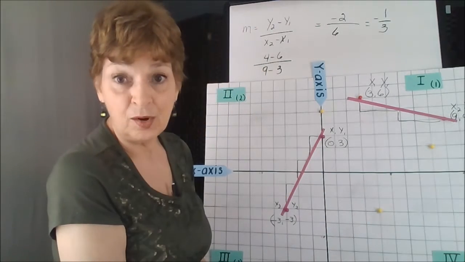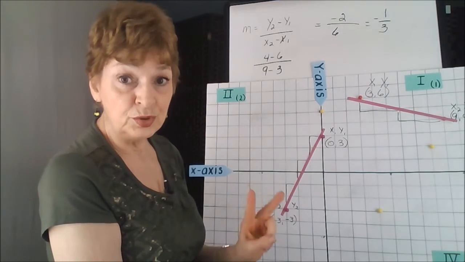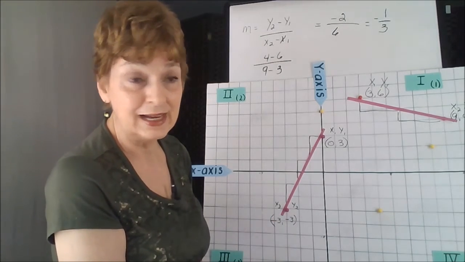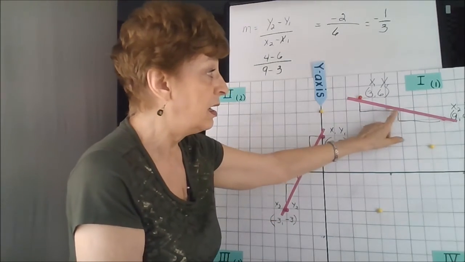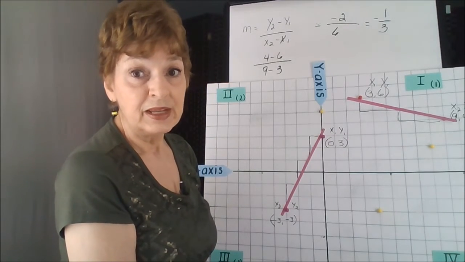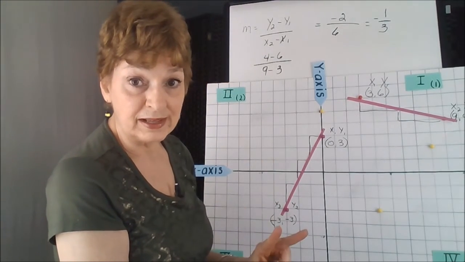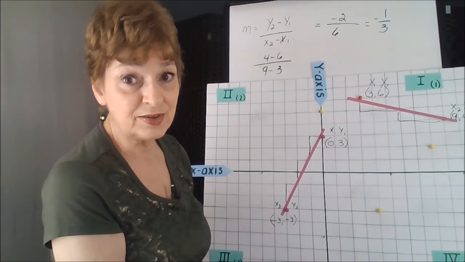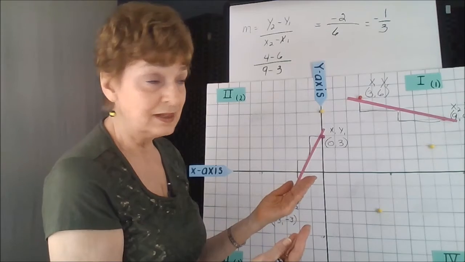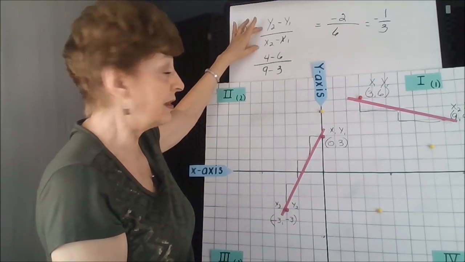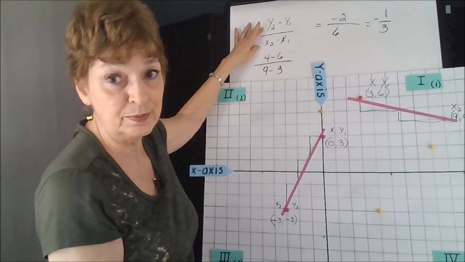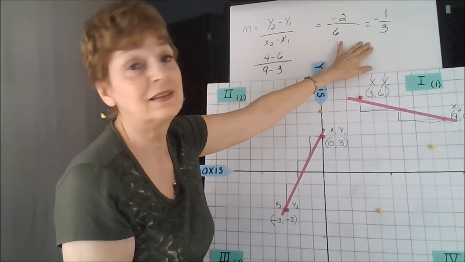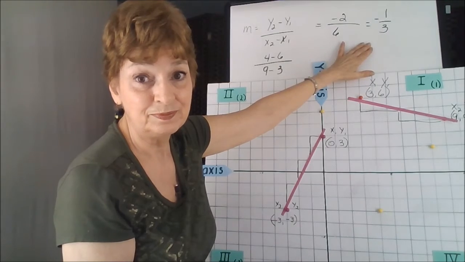So you find the slope by using 2 ordered pairs somewhere on the line. It doesn't have to be the endpoints. It can be in the middle too. You take 2 of the points and you decide which ordered pair is going to be your first one and your second one. And then you just put the values for the x and y pieces into this formula, and you will get the slope of the line.